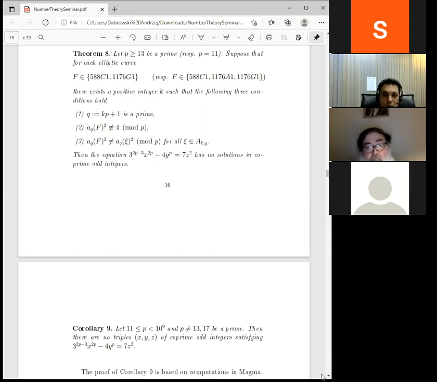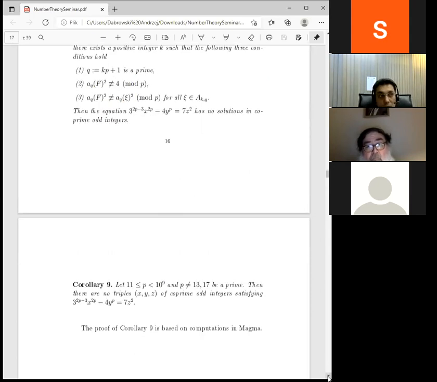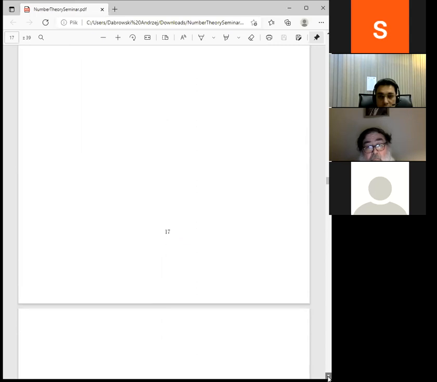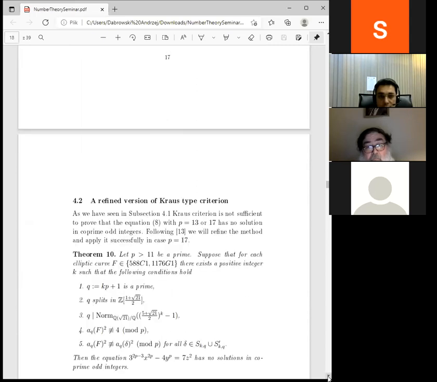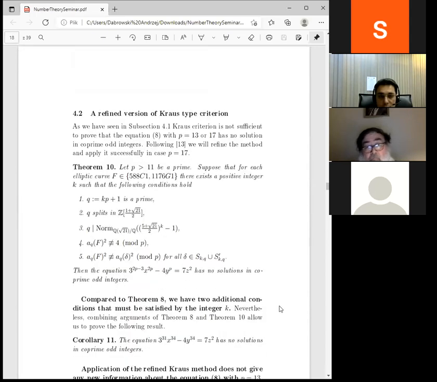So one idea was to refine this criterion. Indeed, here is the formulation of what it means to be refined.